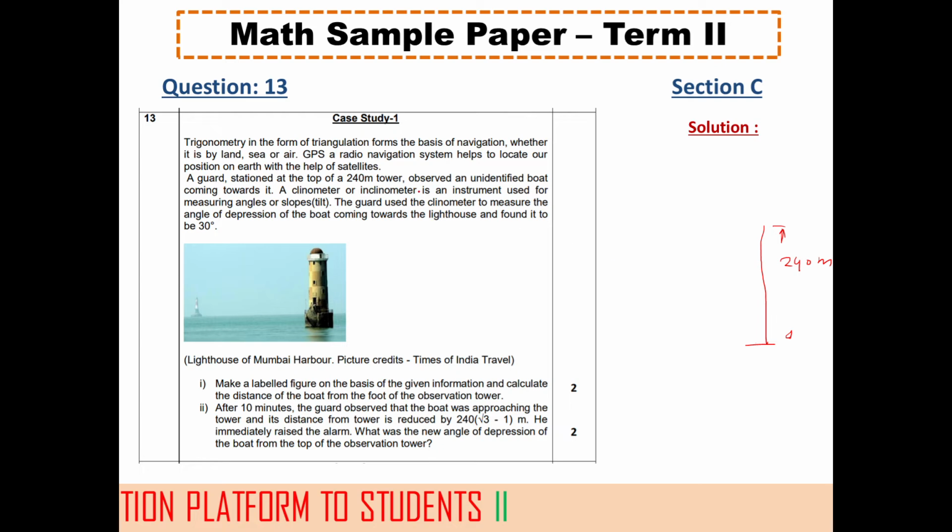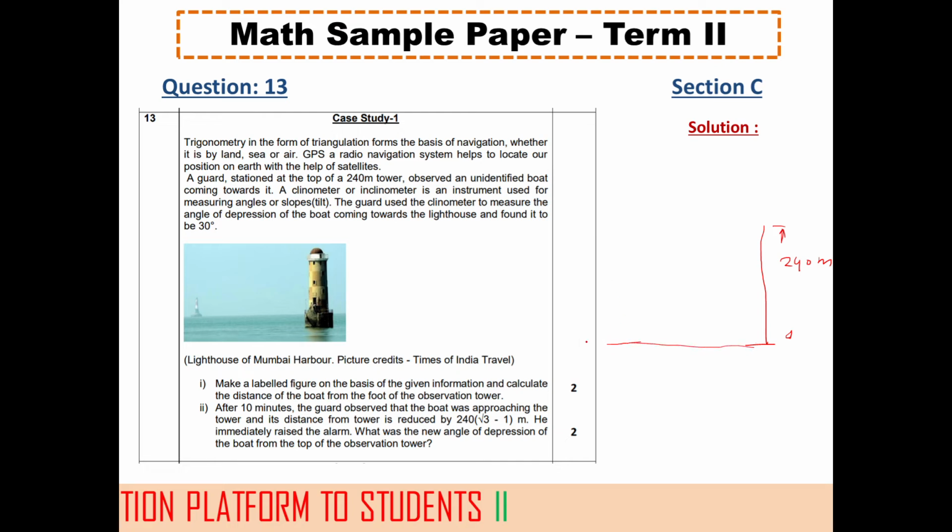From this, the guard observes a boat coming towards the lighthouse, using a clinometer, which measures angles. An inclinometer is an instrument used for measuring the angles of slopes. The guard used the clinometer to measure the angle of depression of the boat coming towards the lighthouse and found it to be 30 degrees. Suppose the ship is here in the sea.